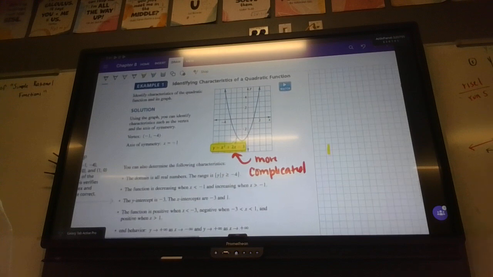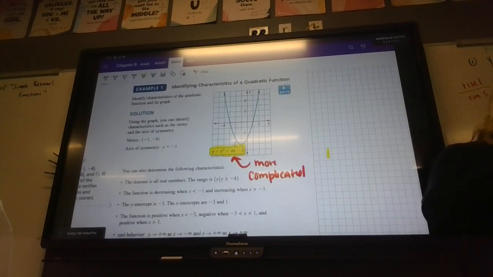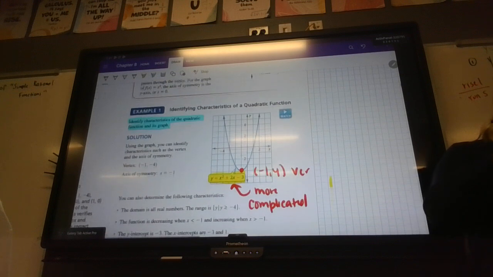All right, so let's go ahead. It says all you have to do is identify characteristics. Here's the vertex. This is still 667.